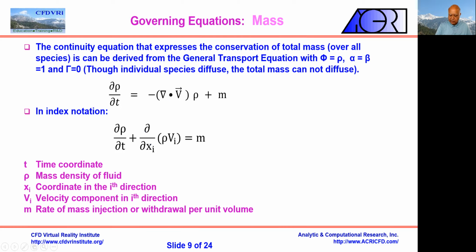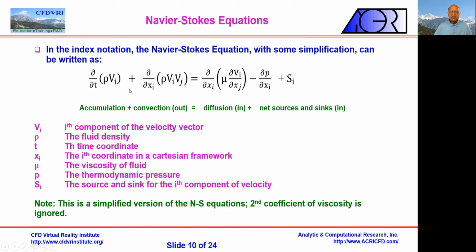Very simple. Now Navier-Stokes equations can be derived in the same manner, and these basically say accumulation, convection, diffusion, and then an important component that comes into play is the fluid pressure. This represents the normal component of the stress tensor, and that plays a very important role.